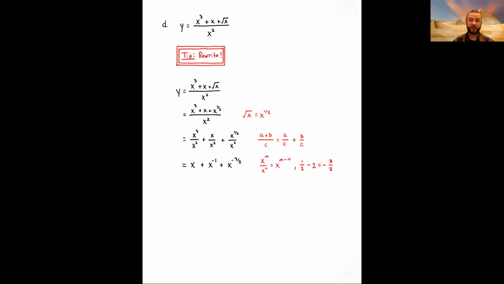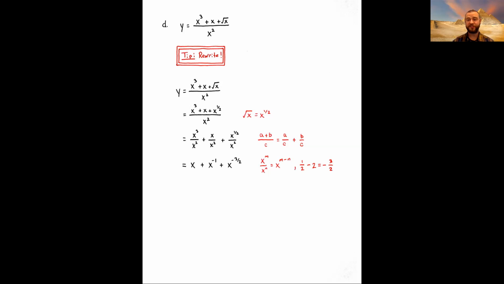All right, now let's pause just to see what we've done. We started with y as a fraction. We were able to rewrite that, at the bottom here, the very last line, equivalently as x plus x to the -1st power plus x to the -3/2 power. Now this is technically not a polynomial. Polynomials only have positive integer exponents, but it's very similar.